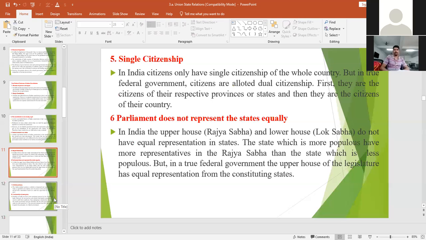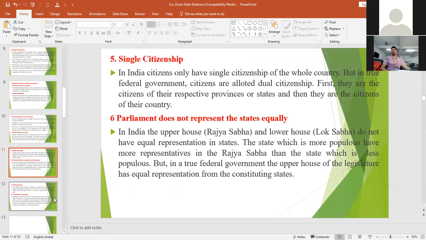Next, single citizenship. In India, the citizens only have a single citizenship for the whole country. Wherever they live, whether in Jammu Kashmir, Tamil Nadu, Gujarat or Assam, only one single citizenship is given to them.